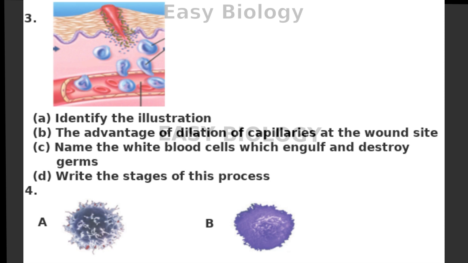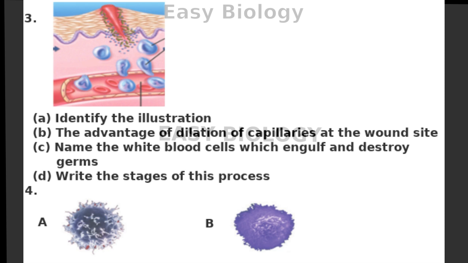Blood plasma and more white blood cells reach the wound site. C. Name the white blood cells which engulf and destroy germs. Answer. Neutrophil and monocyte. D. Write the stages of this process.